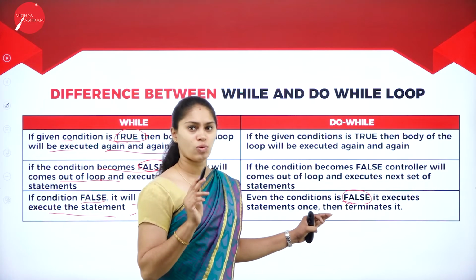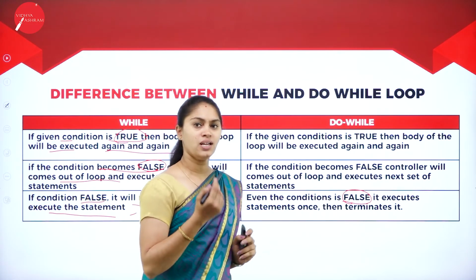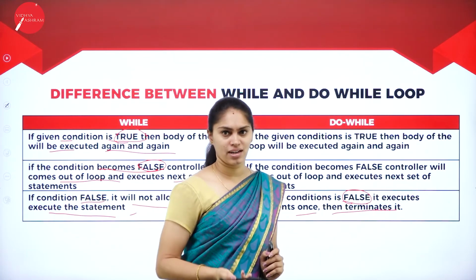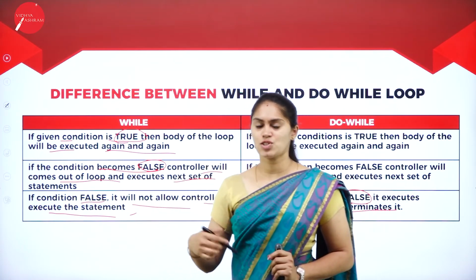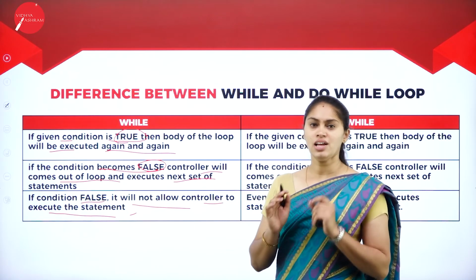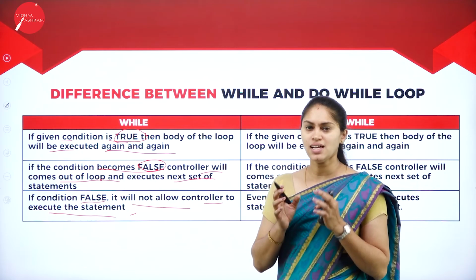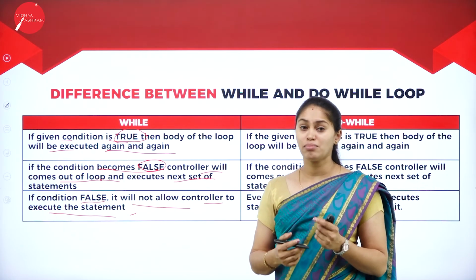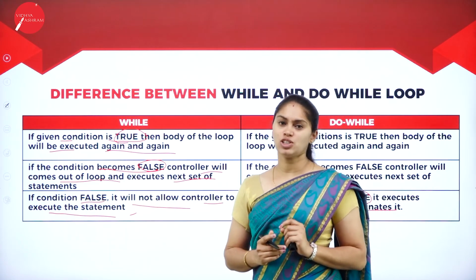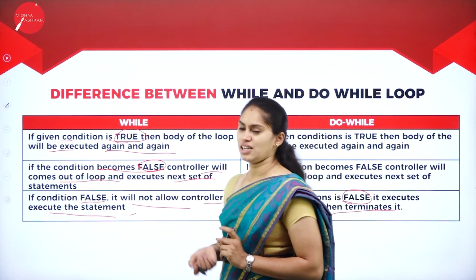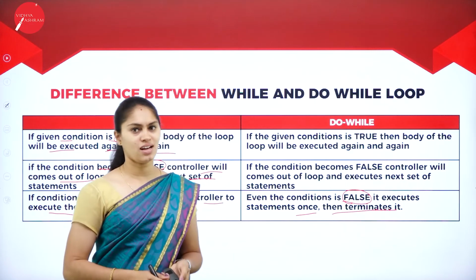At least one time it will execute the statements and then terminate. If the condition is not satisfied in the first test, it won't go further; it won't execute the set of statements again, but it will execute at least one time in a do while statement. I hope you all understood the difference between while and do while.